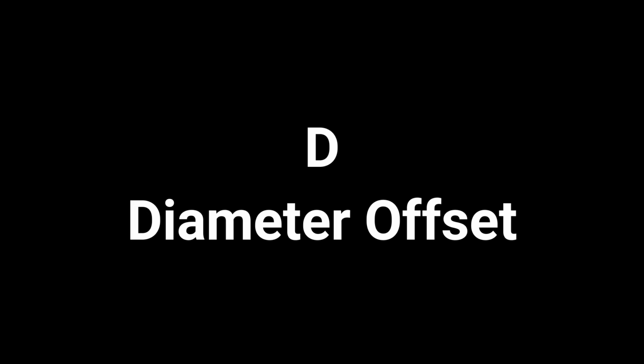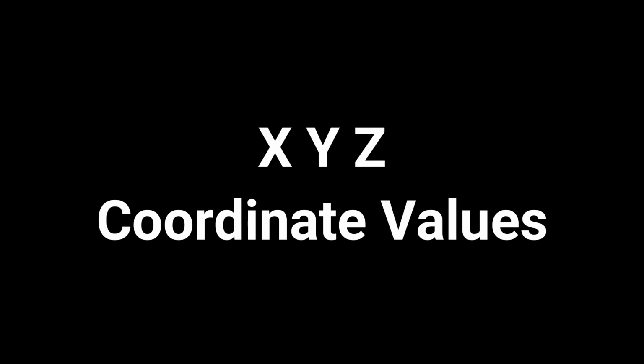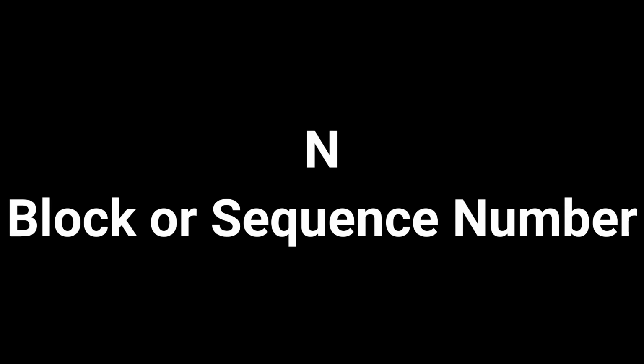Besides G and M, there are other letters that the machine can read. What other letters can we use to provide commands? D is the offset number selection. X, Y, and Z are the coordinate letters. N is the sequence number.